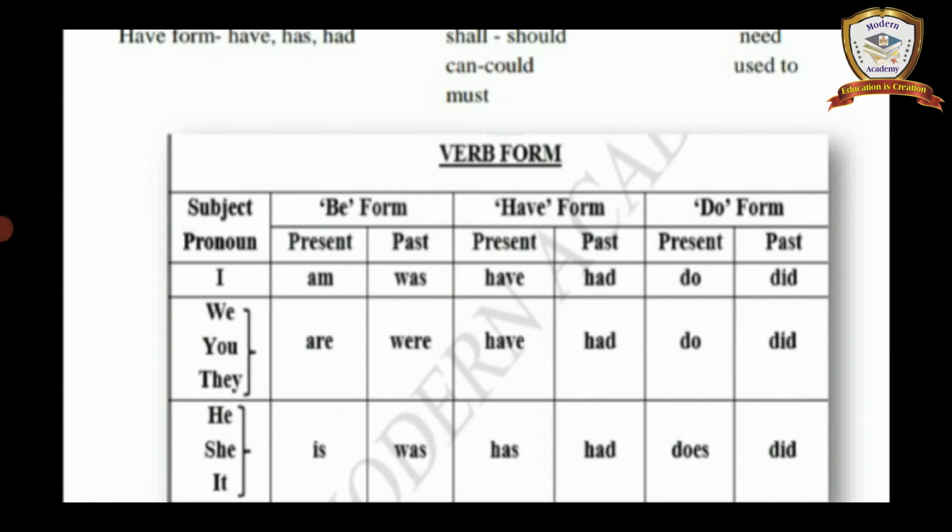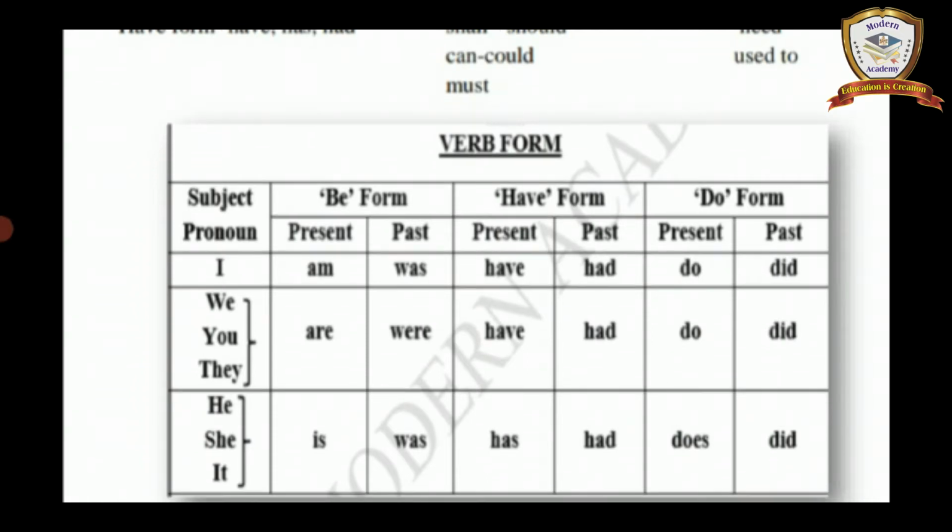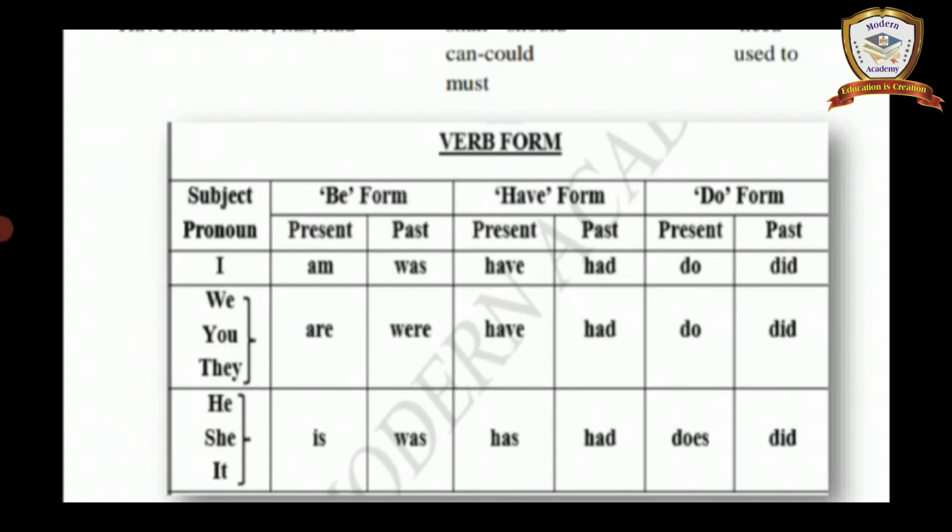There are three parts in the primary auxiliary: one is called be form verb, second is have form verb, third is do form verb. In be form verb we have present and past, have form we have present and past, and do form we have present and past. Not only this, we have future form also. Later you will come to know about that.